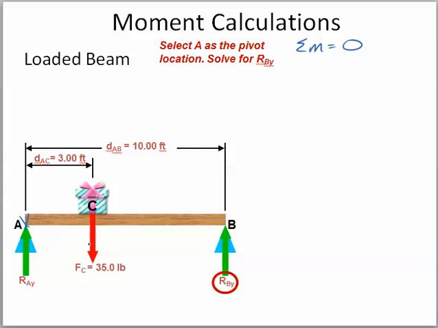It's making this bar want to turn clockwise. So I can say the sum of the moments is equal to the moment at C plus the moment at B. Now, one of these is going to be negative.